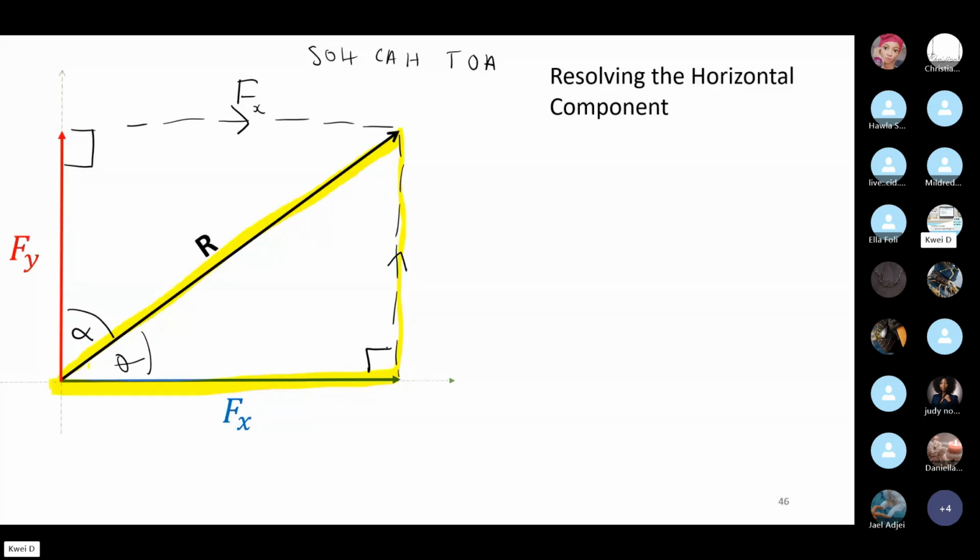So then that gives us cos theta is equal to adjacent Fx divided by the hypotenuse, which is the R. So if we make Fx the subject, that means that Fx will be equal to R cos theta.